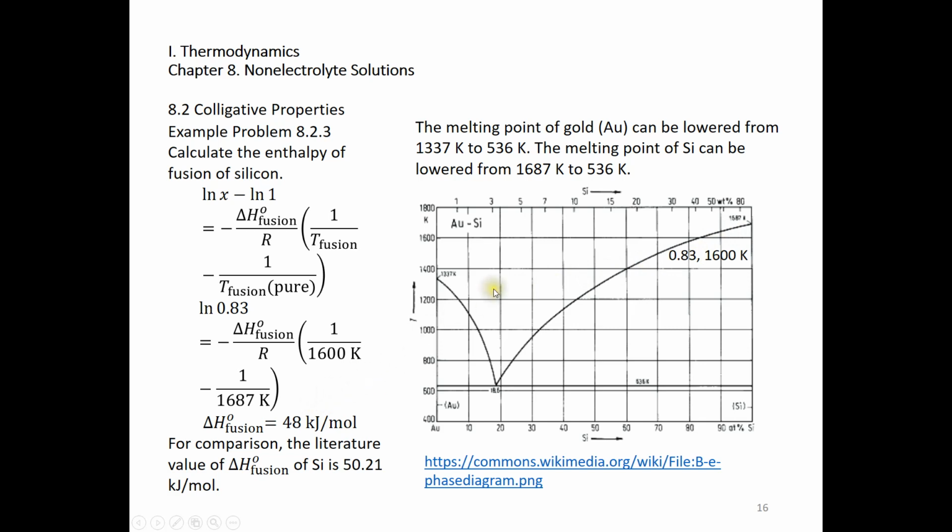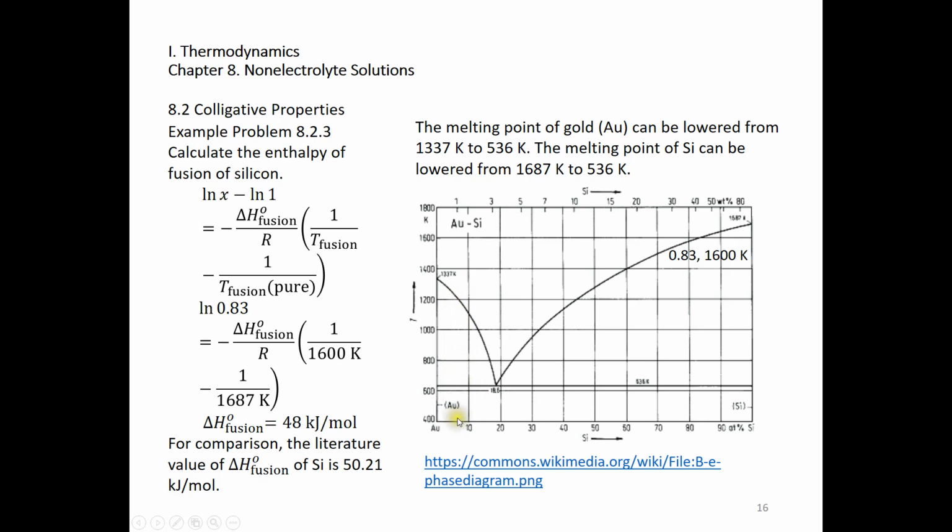You can actually compute the enthalpy of fusion for gold. How do you do that? You have one data point here, right? And then you select another data point along this curve, just another data point. I would select this data point because it's easy to see. We have 1200 Kelvin and the mole fraction is about 0.07 for silicon, right?